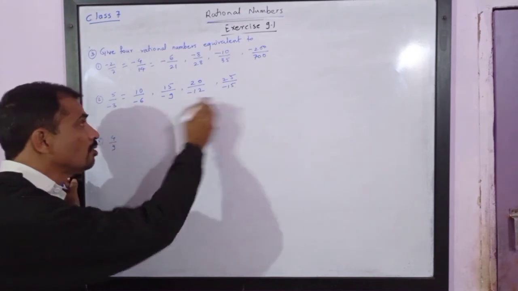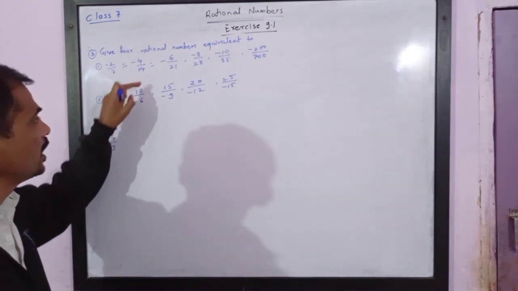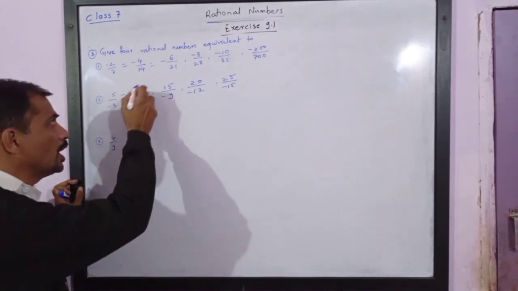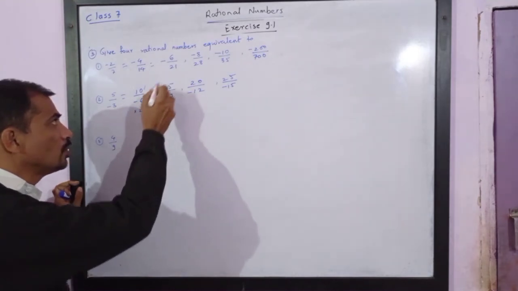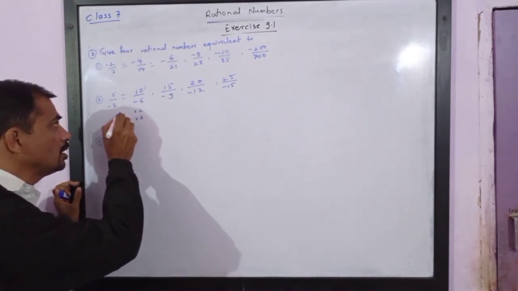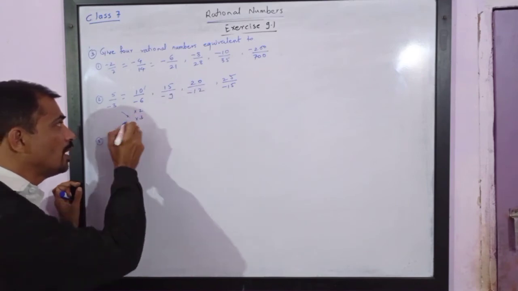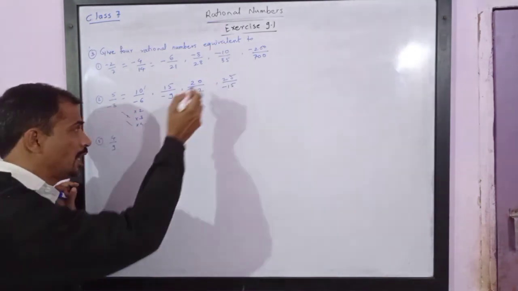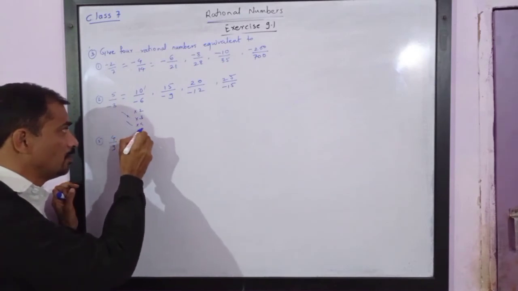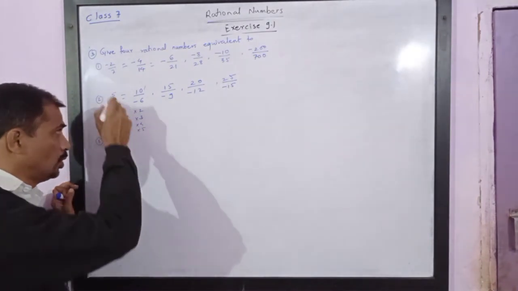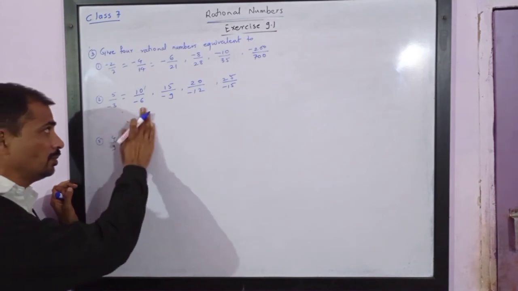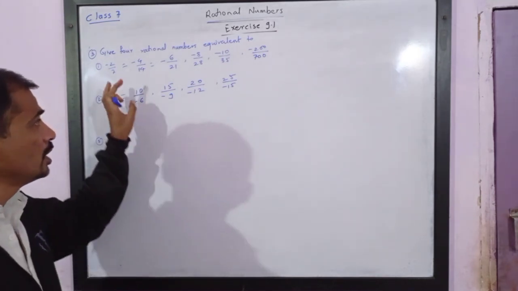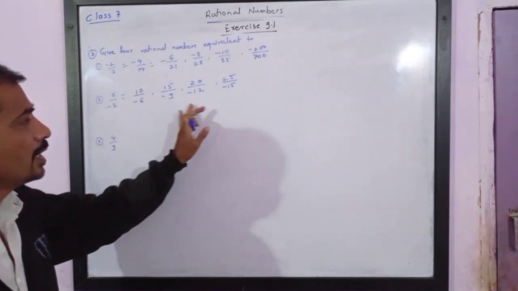So please note, we have multiplied both numerator and denominator by same number. To get this, we have multiplied by 2. To get this, we have multiplied by 3, the original fraction. To get this, we have multiplied by 4 to both numerator and denominator, and to get the next fraction, we have multiplied by 5 to the numerator and denominator. Please note, I have already told you that it is not necessary that you multiply in the sequence.